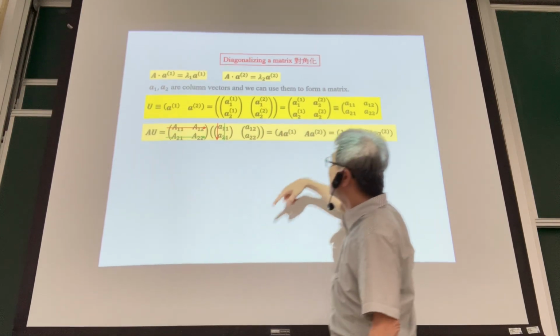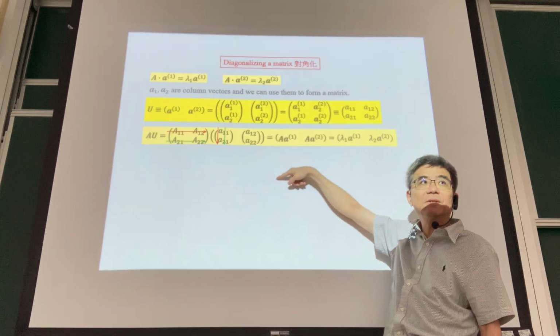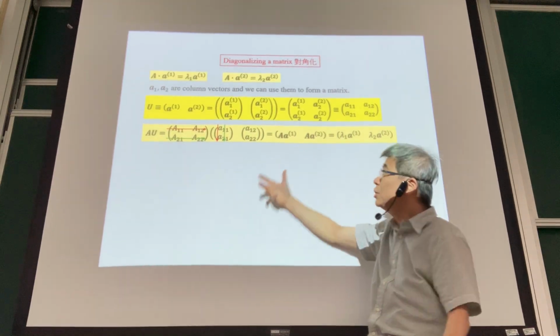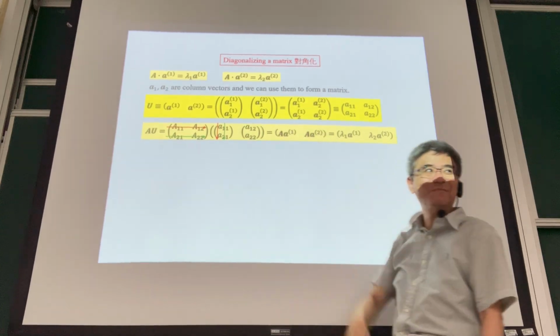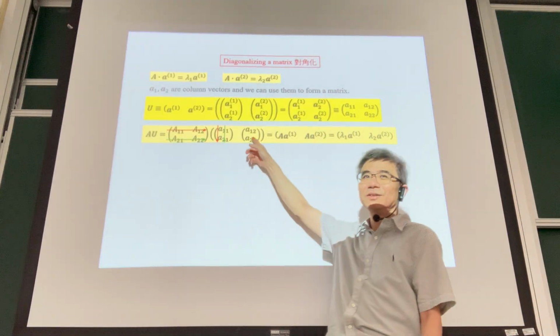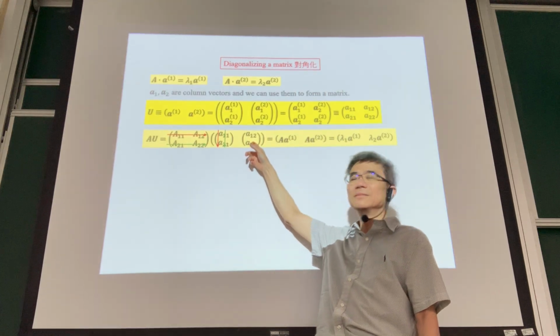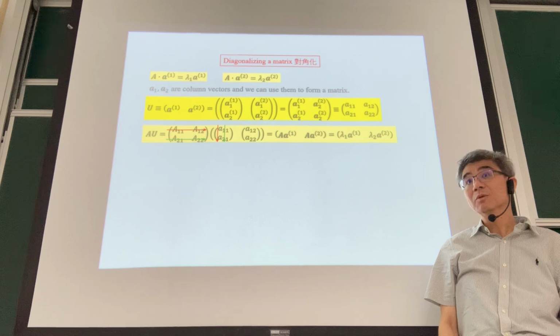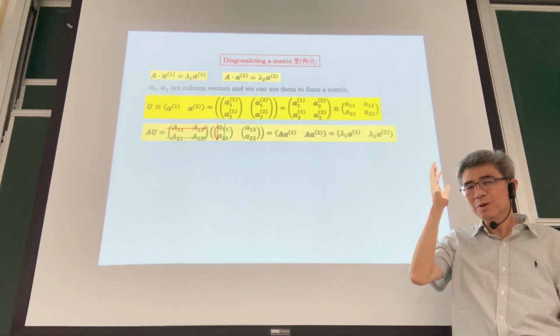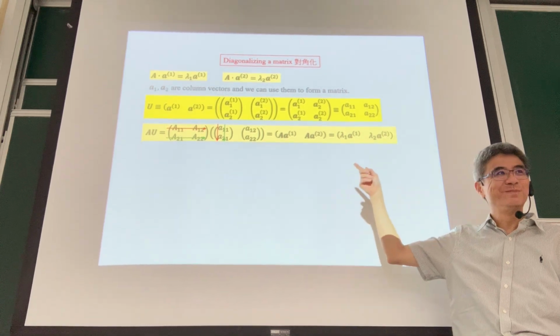This times this will be lower left. And therefore, it is just equal to A times A1, put it in the first column. And repeat, for the second column, it will be A times A2. Is that okay with everybody? It takes a little bit thinking, but it is true.